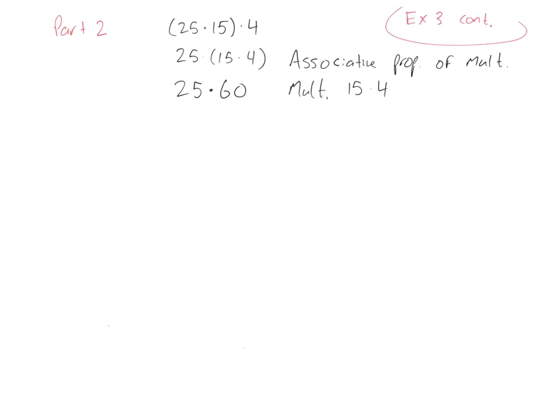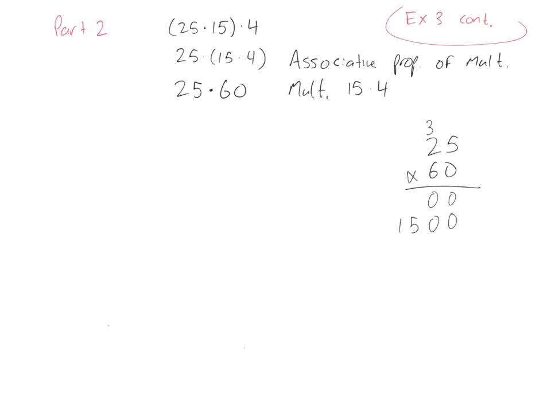25 and 60. Since I went a little bit different route than the book, let's see if we can do that over here. 25 times 60. That's going to be 0 and 0. Right? Because 0 times 5 is 0. 0 times 2 is 0. Put a 0 to hold the place value there. 6 times 5, 30. 6 times 2 would be 12, plus 3 more would be 15.